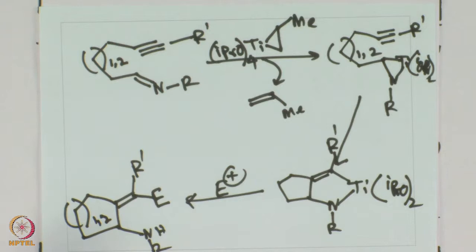So, in this example, what we have seen right now is the titanium reagent, that cyclopropane type of reagent. So, it is a 3-membered titanium metallacycle that has now reacted with an imine, where the olefin goes out and the imine is now coordinated oxidatively with the titanium center.